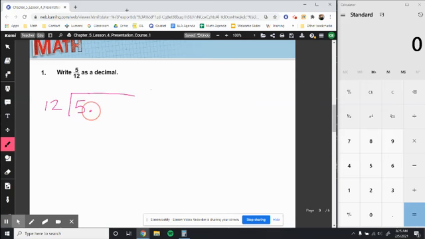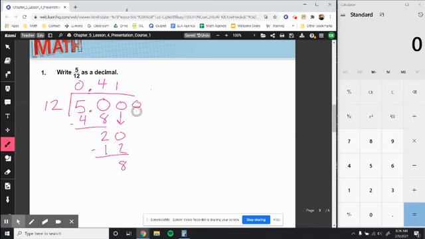So 12 goes into 5 0 times. Let's throw our decimal up there and then add a 0. 12 goes into 50 4 times, which is 48. Then you subtract, which is going to give us 2. Add a 0, bring it down. 12 goes into 20 1 time, which is going to give us 12, and then that's going to be 8.